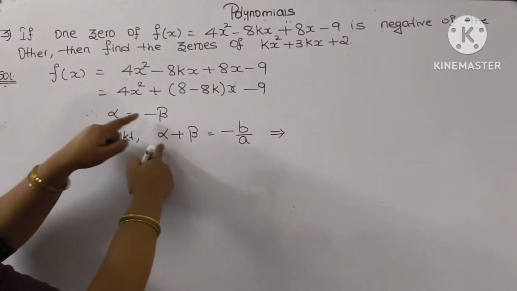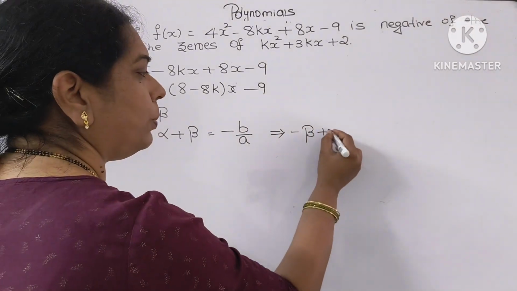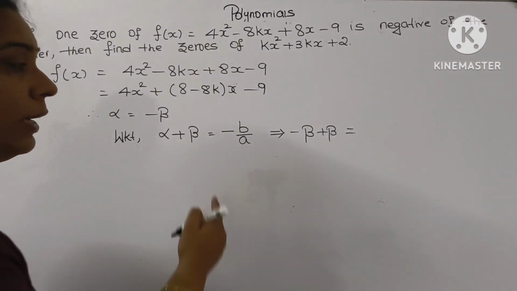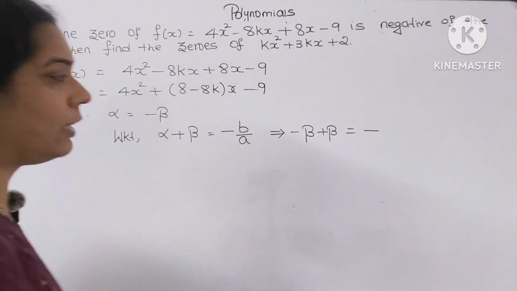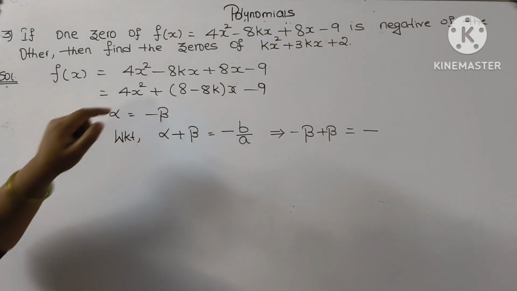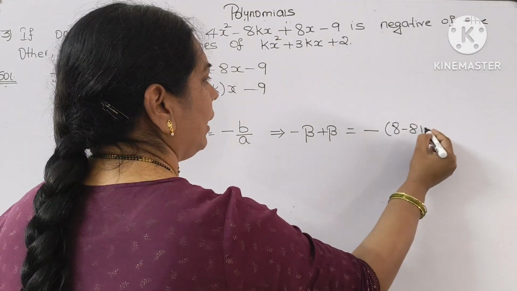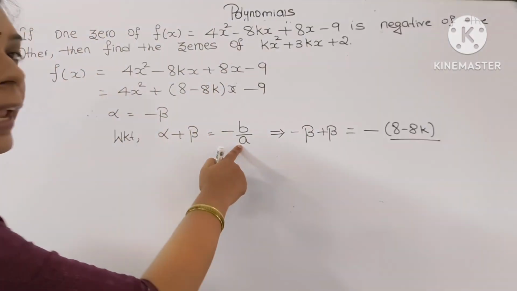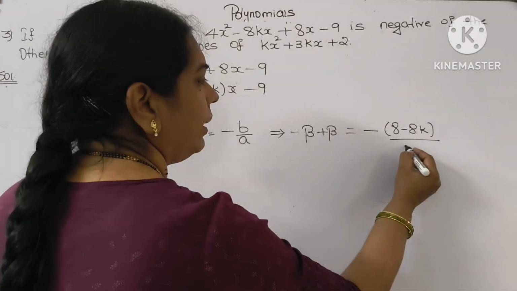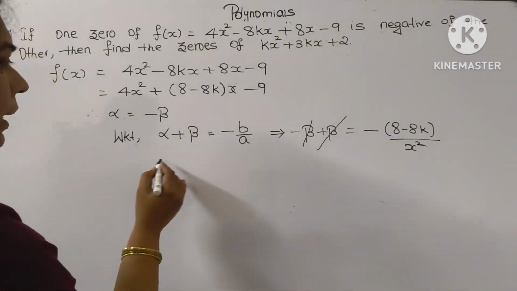What is alpha? Alpha is nothing but minus beta, and beta should be written as beta only. So minus beta plus beta is equal to minus b by a. What is b? b is the coefficient of the x term, so the x term is 8 minus 8k. Divide it with a. a is the coefficient of the x² term. So minus beta plus beta get cancelled.